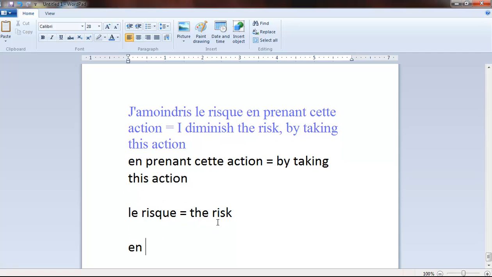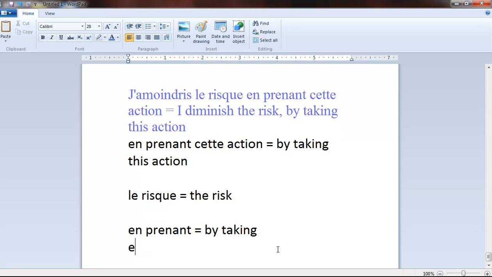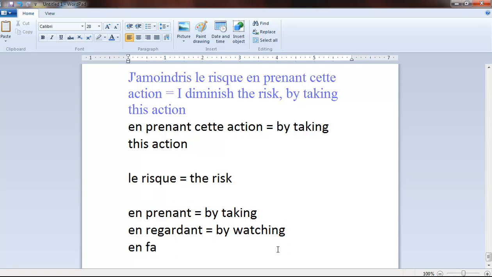En prenant, it means by taking. En prenant, by taking. For example, en regardant, it means by watching. En faisant, it means by doing.